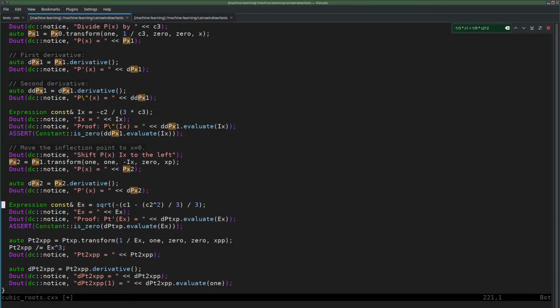But okay, suppose we get a right formula here and we can print it, and then we can prove that it is the extreme, because if we fill that in the derivative, then we get dpx to evaluate that, which should be 0. So maybe I should name this one also a 2.